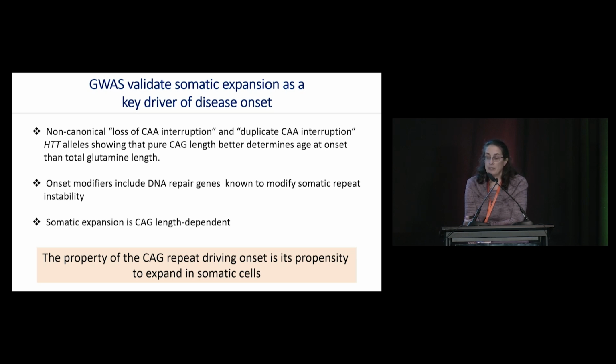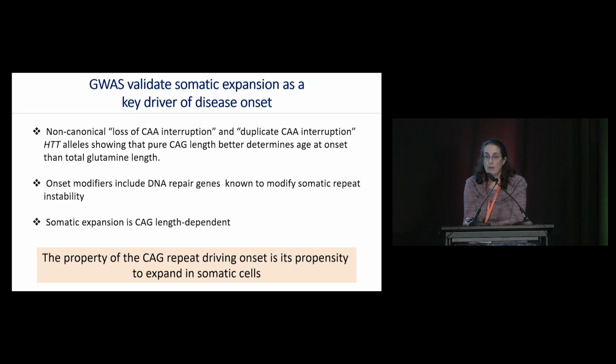Being able to look at those in the GWAS allowed you to distinguish the CAG length from the glutamine length that was encoded by both the CAGs and the CAAs, and showed that the pure CAG length was a better predictor of the age of onset than the total glutamine length. So that was one key finding from the GWAS.